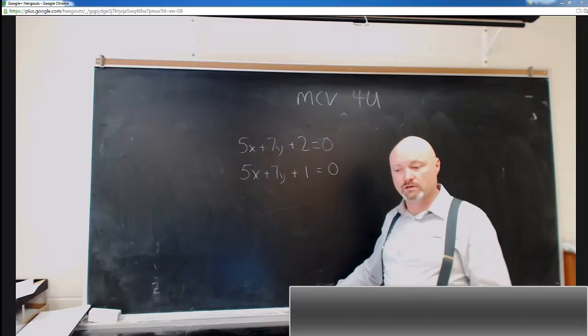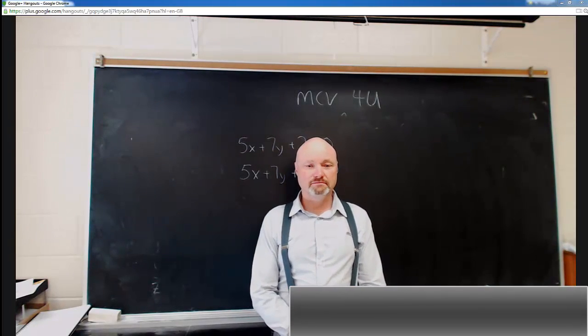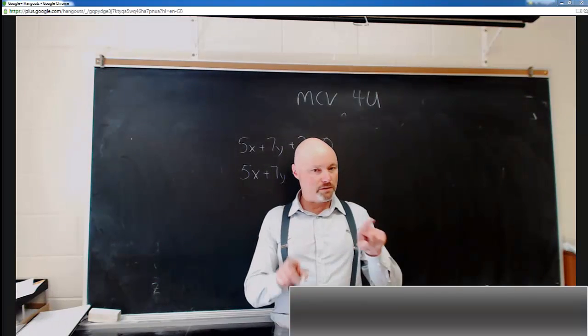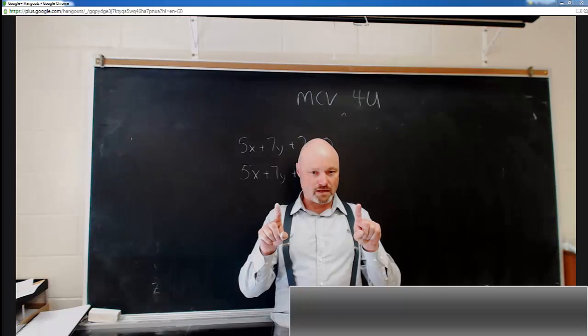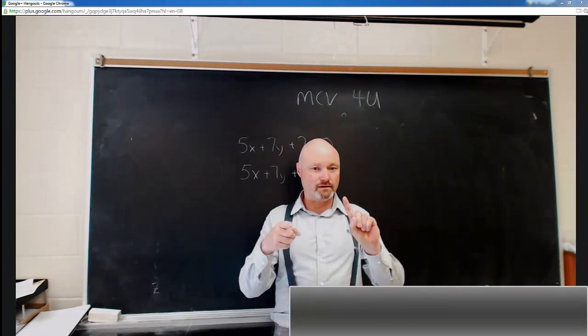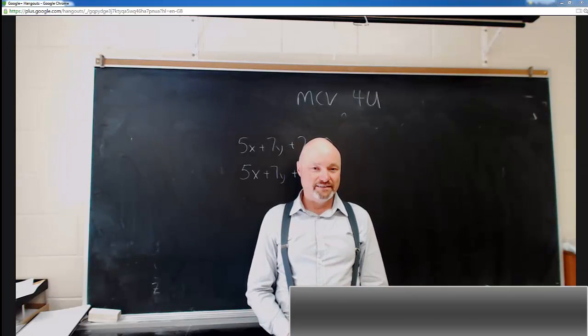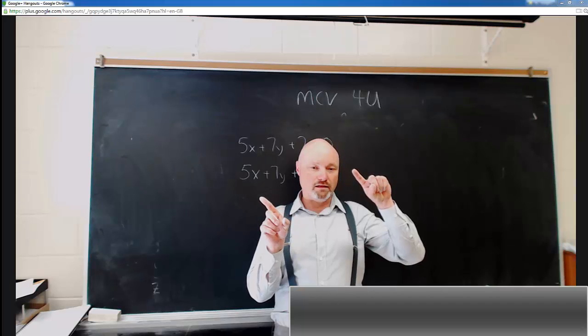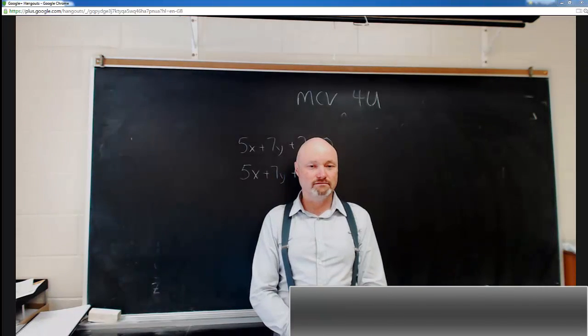What are the possibilities in 3 space, though? They could be parallel again, right? Yeah, they could be perpendicular. If they're parallel, they're never going to intersect. Is there another situation where they're never going to intersect?